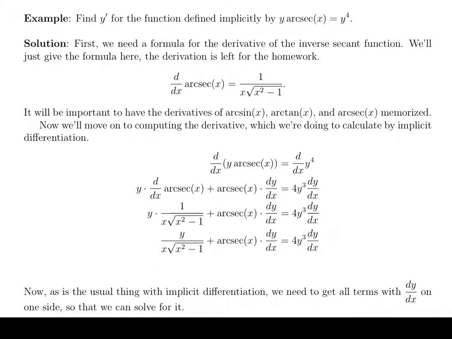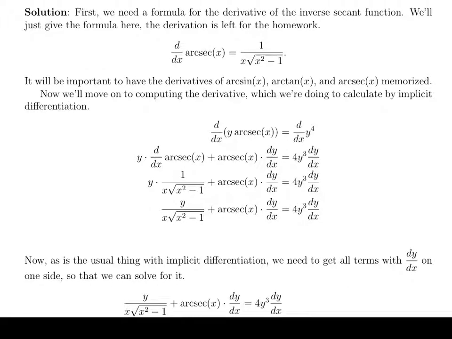All right, so we're going to try to get all the terms with dy by dx on one side. So starting here, I think we'll take this piece here and move it to the left, and then we're going to take this piece here and move it over to the right. It doesn't really matter how you do this, it's just that one way or the other, you've got to get all the dy by dx's onto one side, and everything that doesn't on the other.